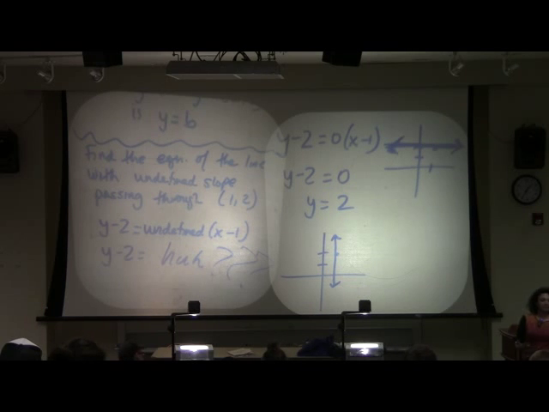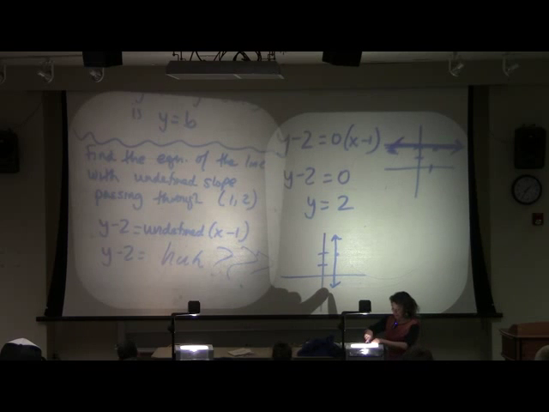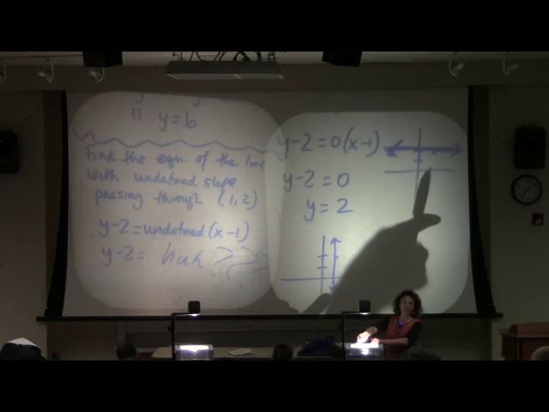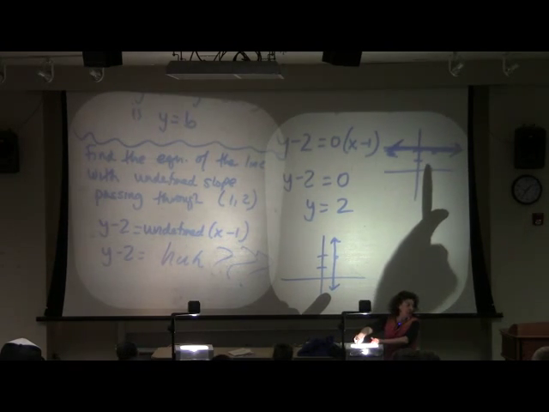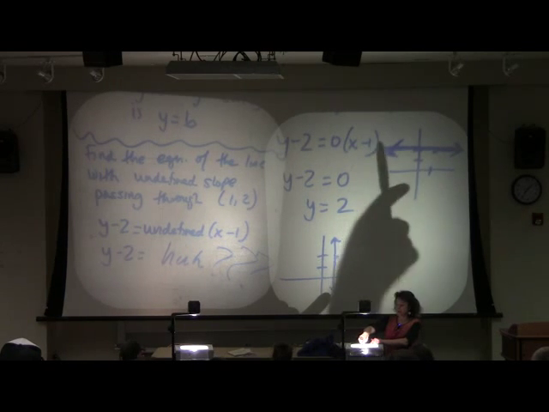So, math is like life. Whenever you encounter something new, you ask yourself, what did we do in a similar situation that we already know how to tackle? And I claim a very similar situation to a vertical line is a horizontal line. So let's go back and look at our horizontal line again.